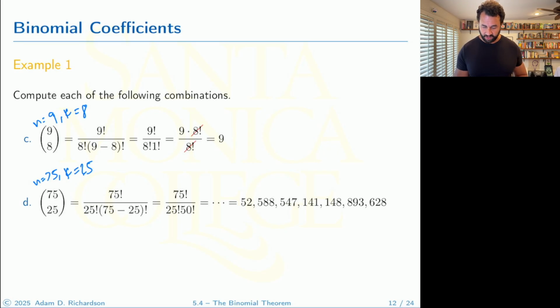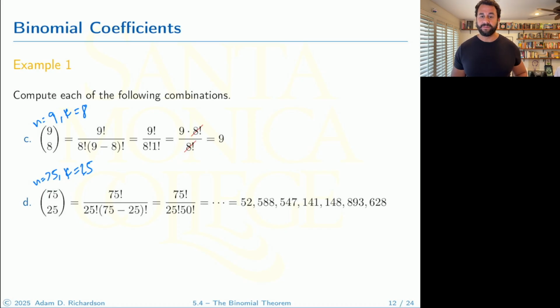But going through the formula again, you can see this is what it looks like, exactly. 75 minus 25 is 50 factorial. Then you could try to expand this. You could write 75 factorial as 75 times 74 times 73 times 72 times 71, all the way down to 51, and then times 50 factorial, and then cancel the pieces there.